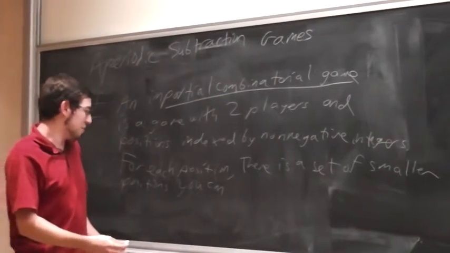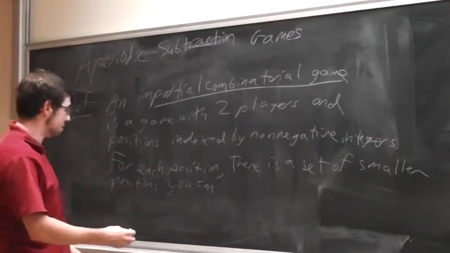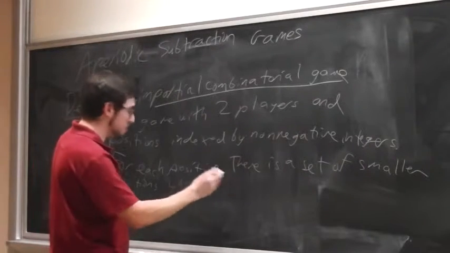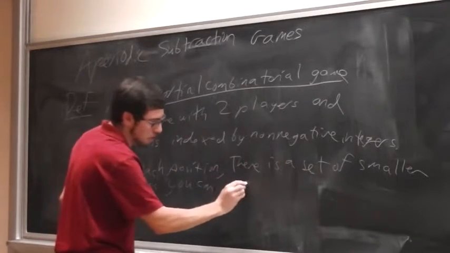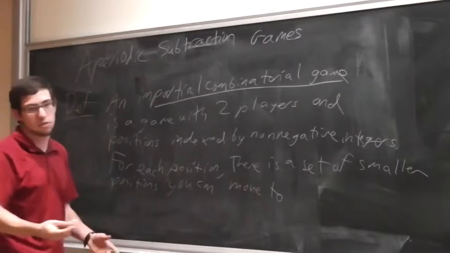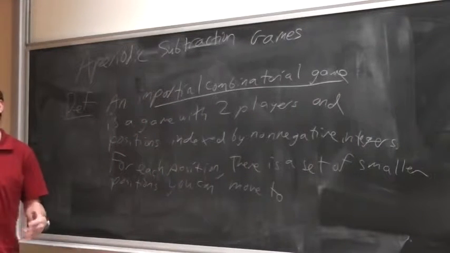So for each position, there's a set of smaller positions you can move to, and then the players take turns making moves, and whichever one can't make a move first loses.